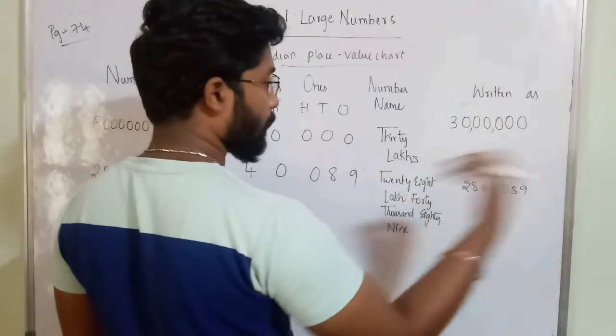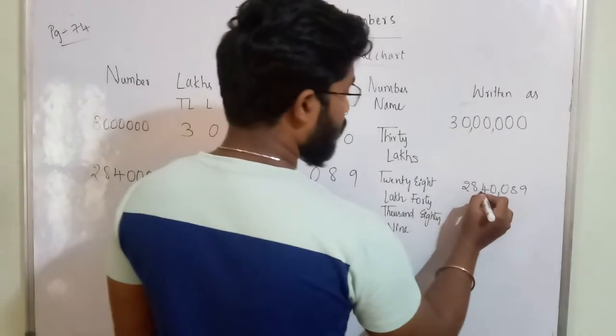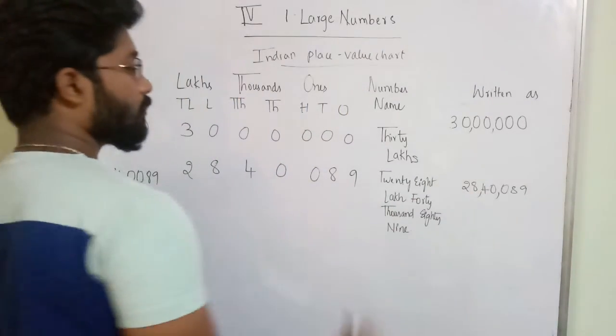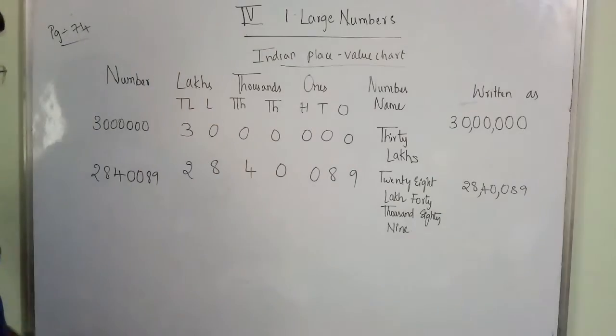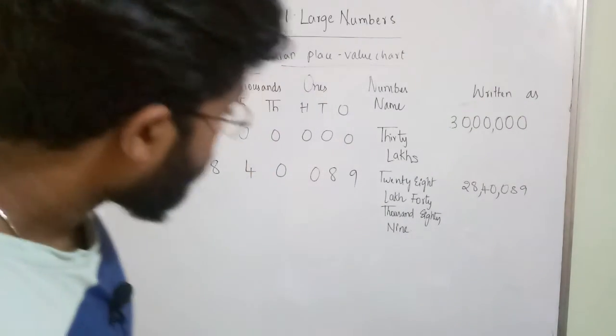After 3 place values, from right to left you have to keep 1 comma. So in thousands period you are having 2 place values, keep 1 comma here. So next you will have 2. 28 lakh 40,089 is the answer. Okay.